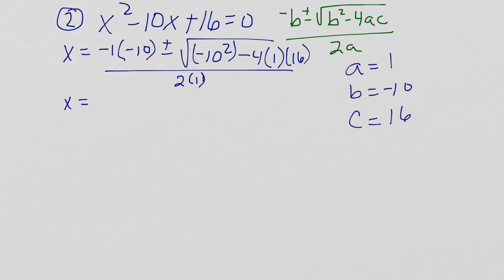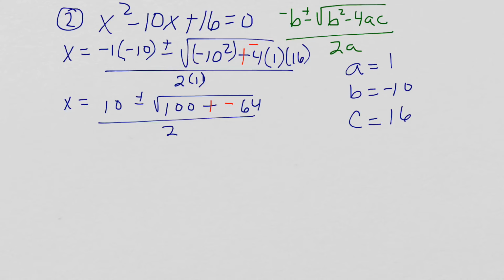X equals 10 plus or minus the square root of 100. Now remember, we're going to add a line and change the sign up here. So this is going to be plus negative 64, all divided by 2.